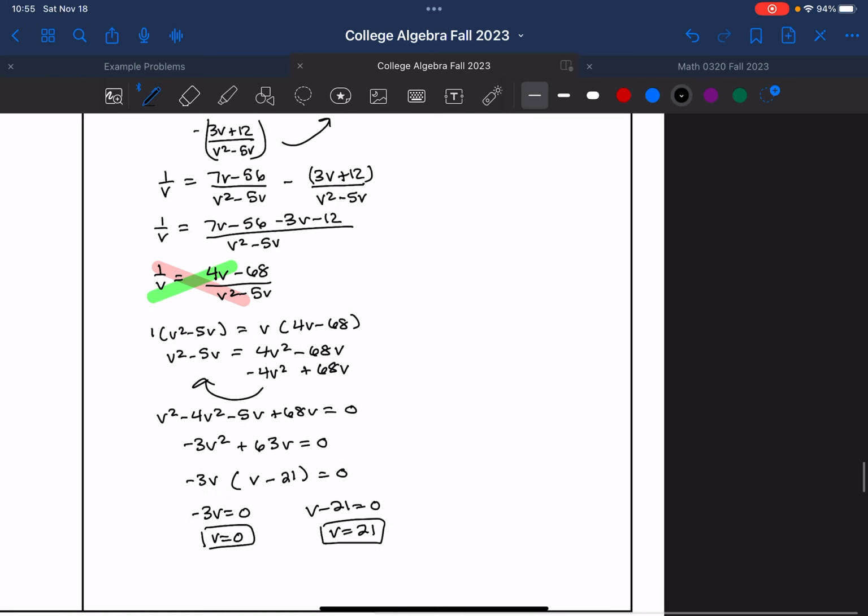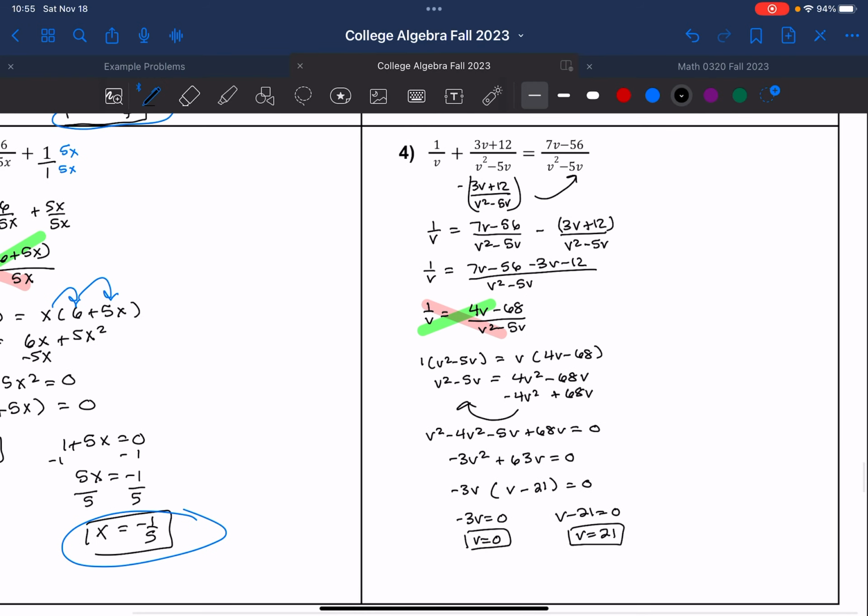Again, acknowledging the trend that we keep seeing with our answers of 0, notice if we plug this 0 back into these fractions, it's going to make each of these denominators 0, which is causing the problem to be undefined. So we know this is not an answer.